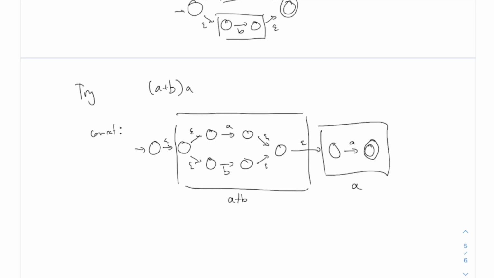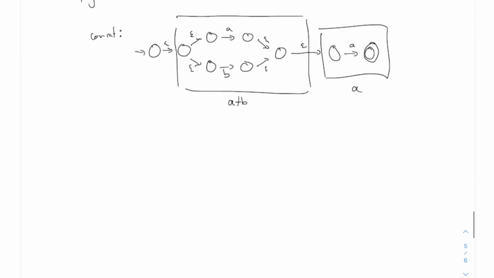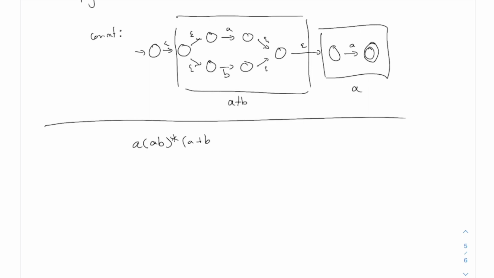How about this? I will do one more interesting, bigger one, and then I got one for you to try. Let's try a, b star, a plus b. This one's a little more interesting. What we have here is a concatenation of three things. The first is a, which is easy enough. The second is b star, and the last one is a plus b.